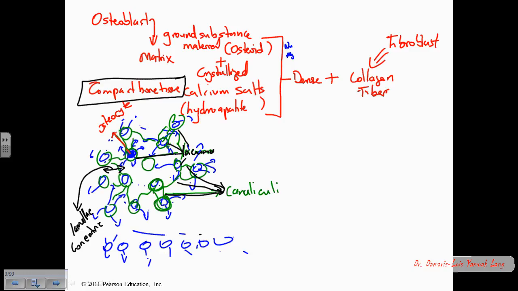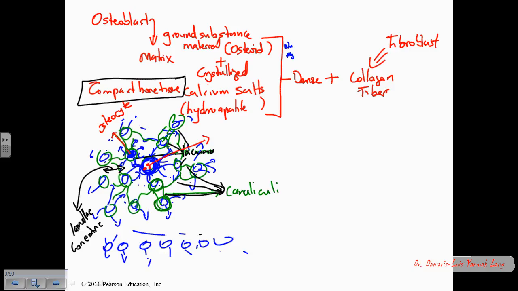So, of course, you have all kinds of material deposited over here. We are looking at the compact bone tissue. In the middle part of this material, we have blood vessels, veins and arteries, lymphatics, nerves, things in there.